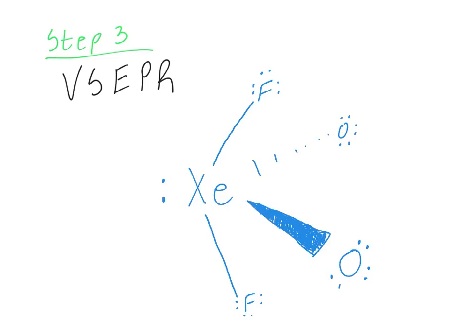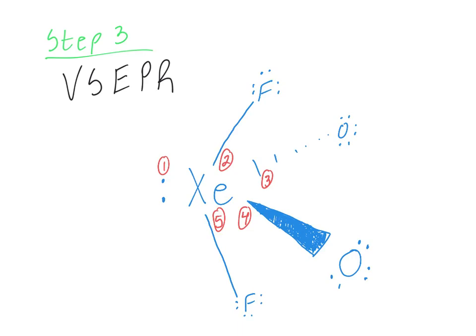Now, don't forget also that when you're drawing your VSEPR, you have to count how many electron groups the central atom has. In this case, you have 1, 2, 3, 4, and 5.